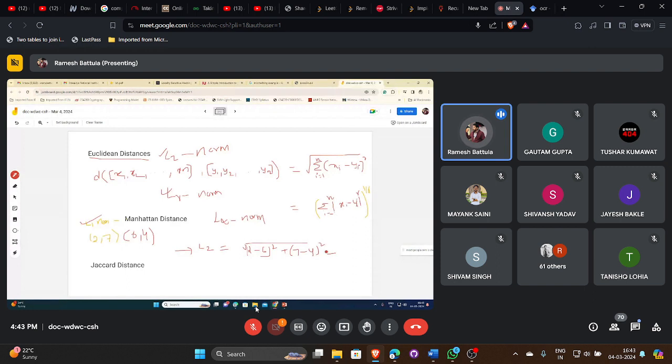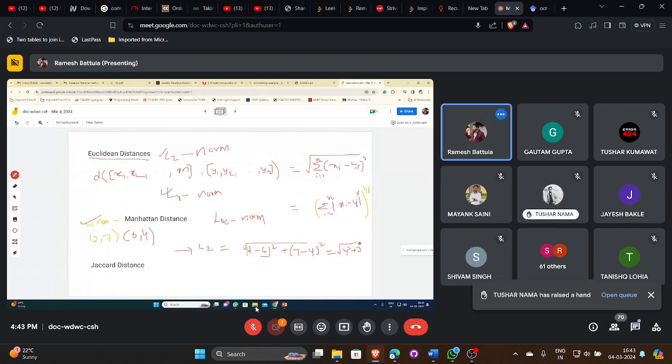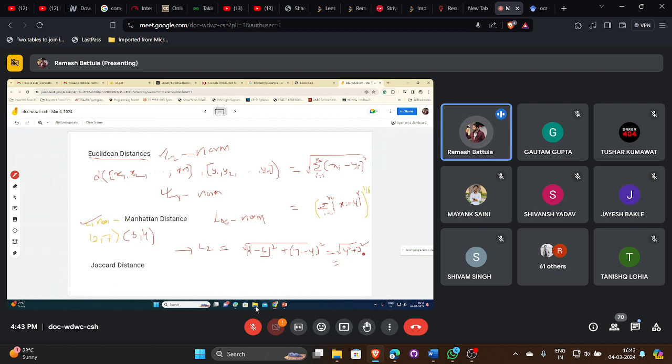So this is equal to the square root of 4 square plus 3 square, which is 16 plus 9, equal to 25. The square root of 25 means the value is 5.